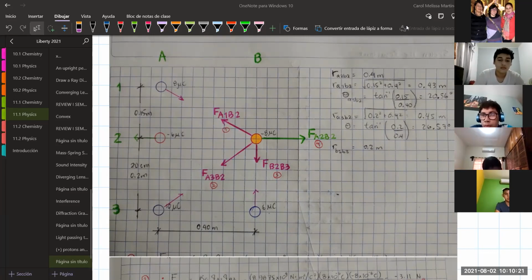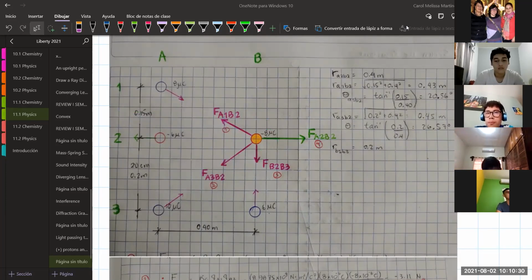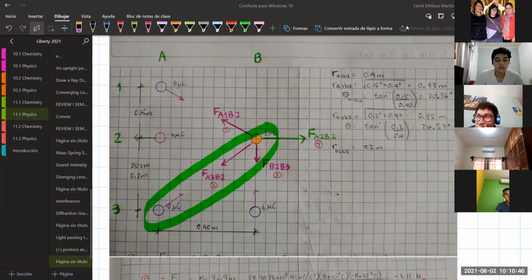The second force, I took it from here. I have two forces, the two of them are negative, and because the two of them are negative, repulsion occurs. So these charges want to be apart from each other because we have repulsion. My third force, I get it between these two particles.